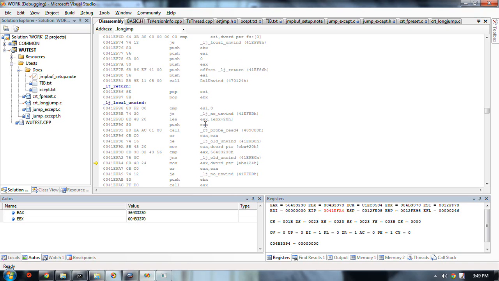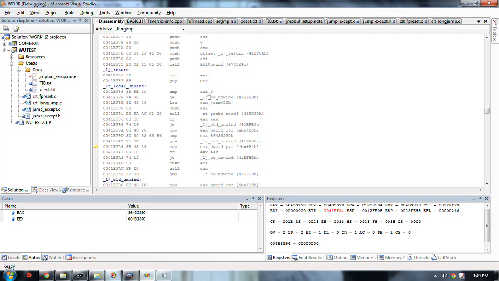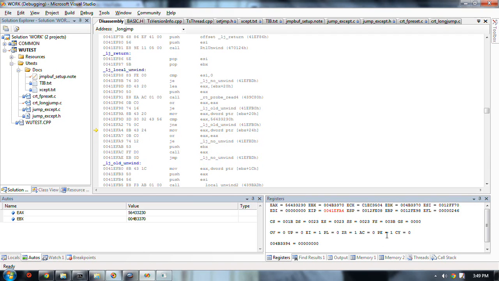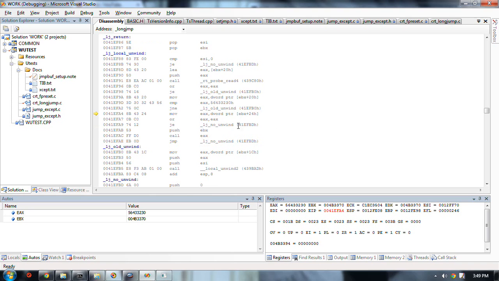no unwind is where there is no attempt at all to unwind, and old unwind is where this changed or is different or not equal to what it should be. But they are equal.